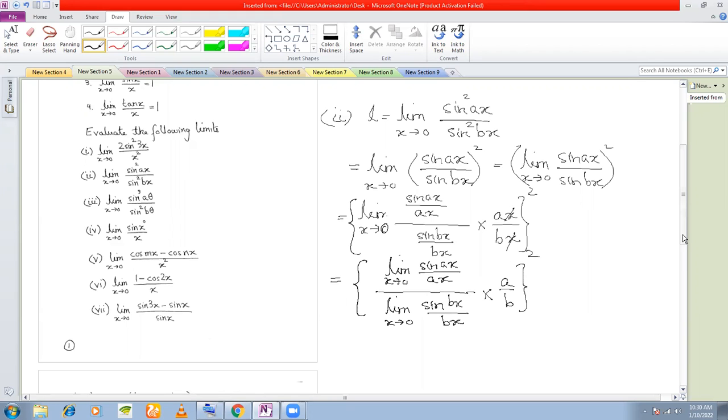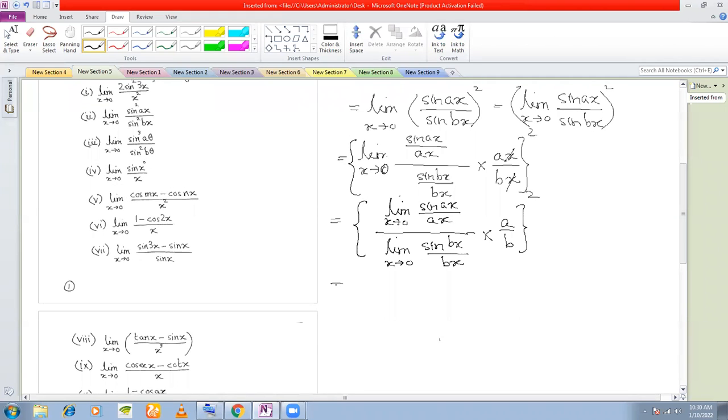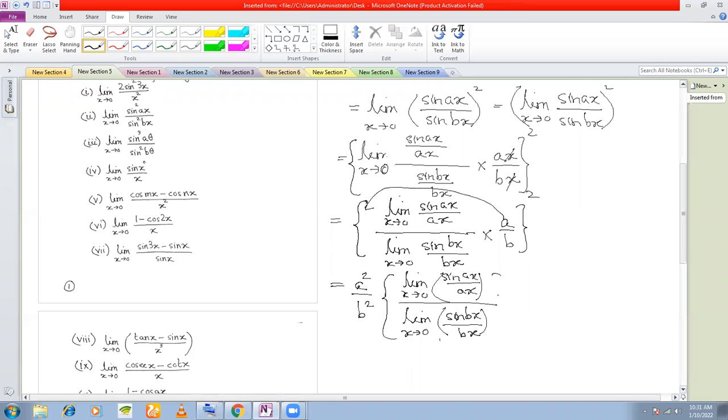So a by b whole square means a square by b square. I can take this a square by b square out of the limit, and I am left with limit x tends to 0 sine ax by ax divided by limit x tends to 0 sine bx by bx, all this square. Clear with this step?